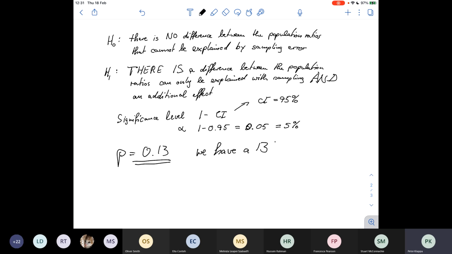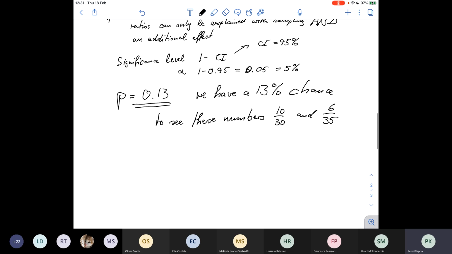a 13% chance, 0.13, to see these numbers that we got, to observe these numbers, 10 over 30, and what was it, 6 over 35 or something like that, if the null hypothesis is true.